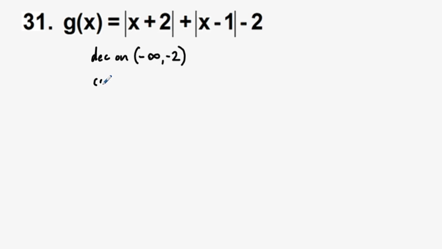And then the function value is constant on negative 2 to 1, and increasing, INC, abbreviation for increasing, on 1, infinity. Just to verify, we'll come and take a look at this.